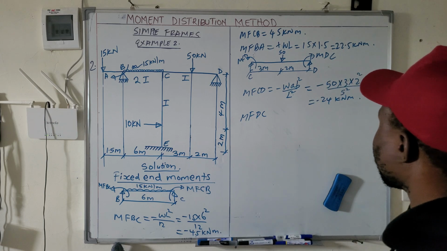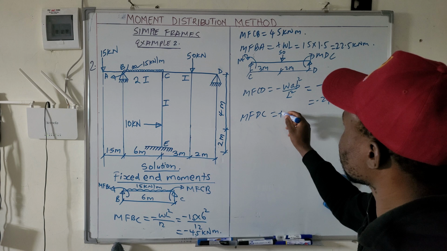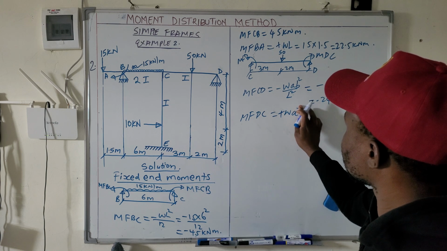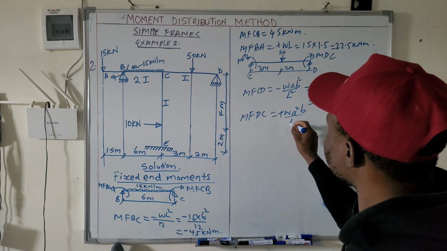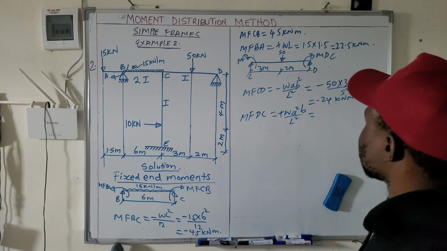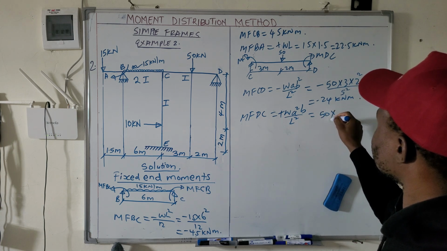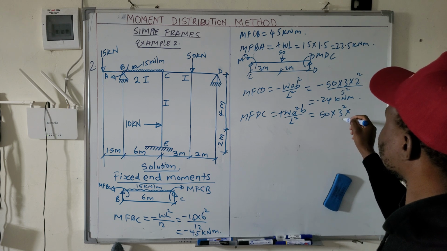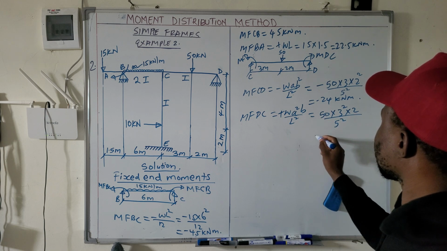We proceed to MFDC. So MFDC is this one. This one will be positive, plus WA square B over L square. So this will be 50 times 3 square times 2 over 5 square.